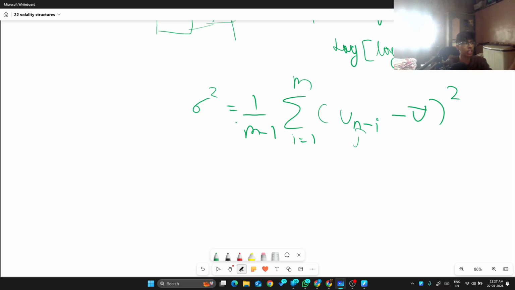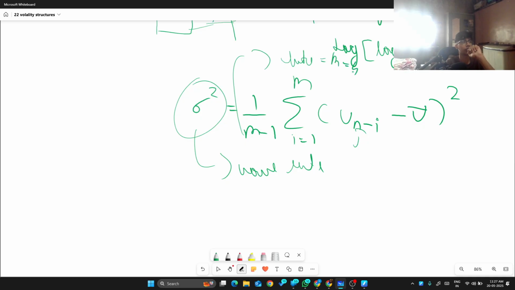If we solve this equation we get the variance rate, and this is called the variance rate, and m is the timestamp we are using. If we are taking 500 days, then m equal to 500.